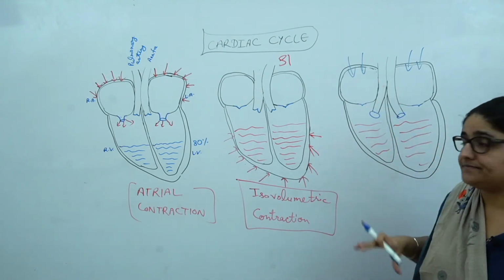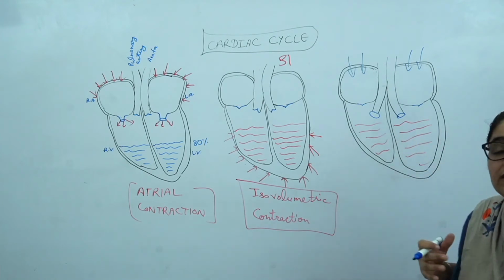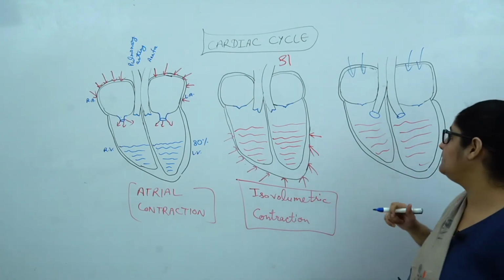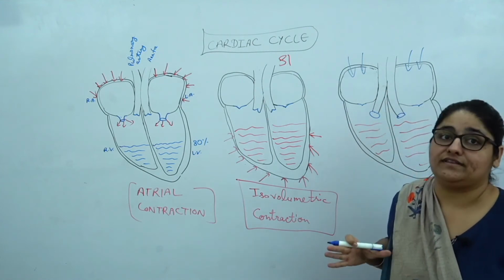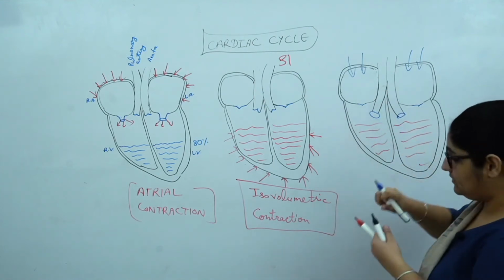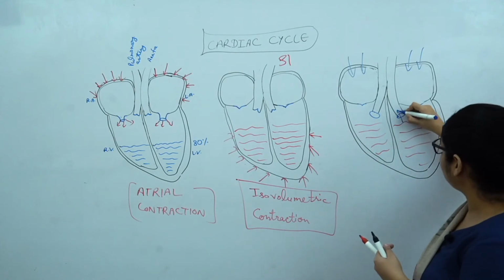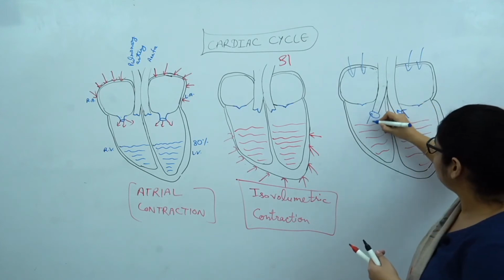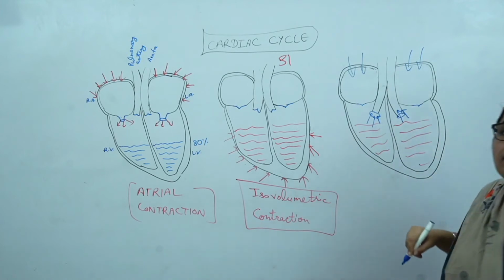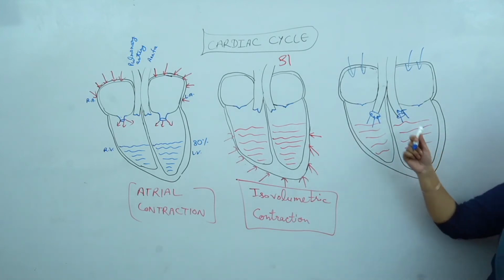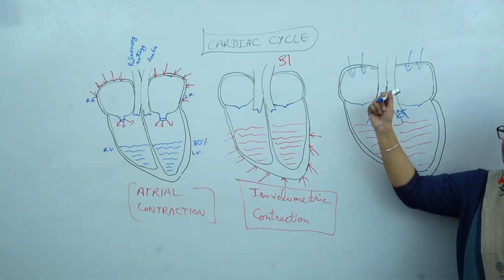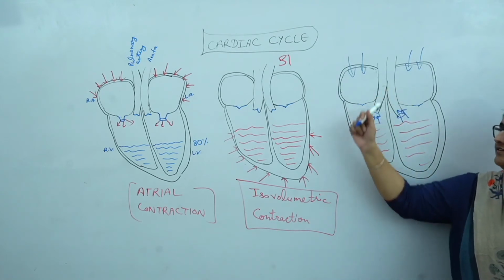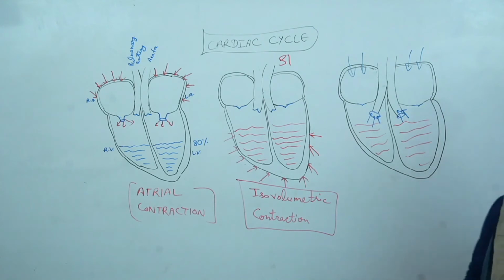At this point, when the pressure in ventricles increases, semilunar valves will open and the blood will start flowing from ventricles to aorta, from left ventricle to aorta and from right ventricle to pulmonary artery.